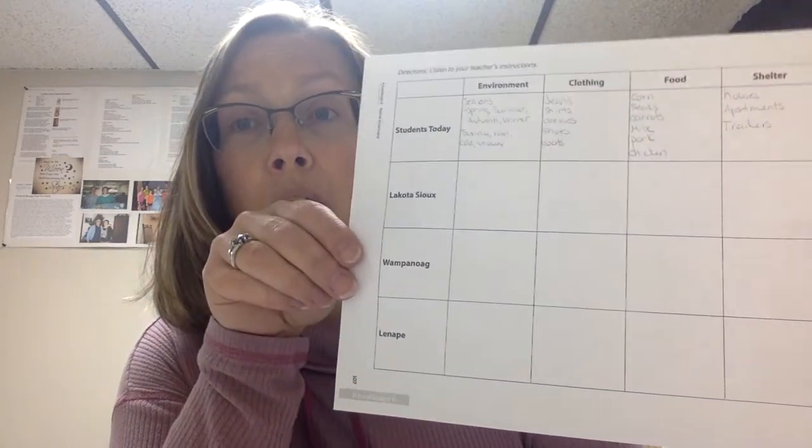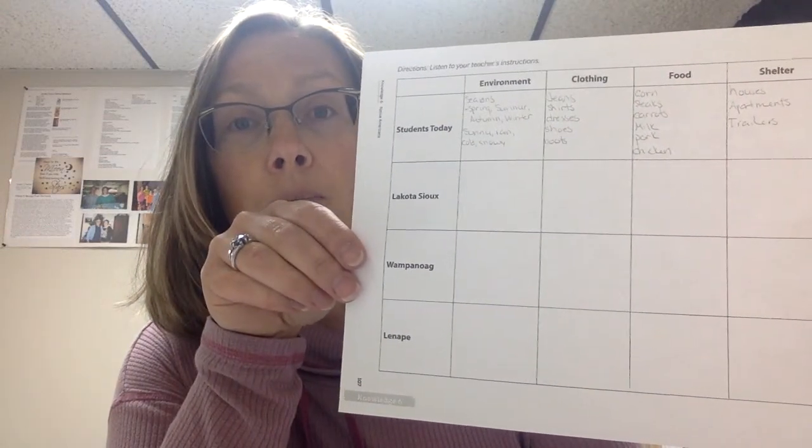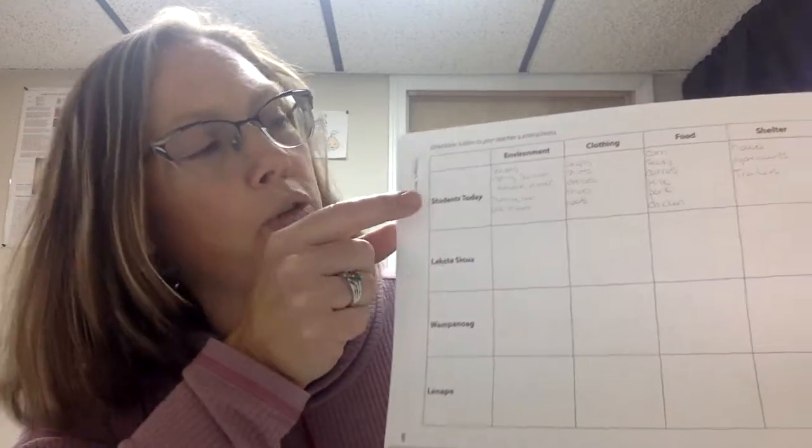I have already pre-done our chart for today. Here is what our chart looks like that we're going to be using over the next several days. It shows students today, the Lakota Sioux tribe, the Wampanoag, and the Lenape.